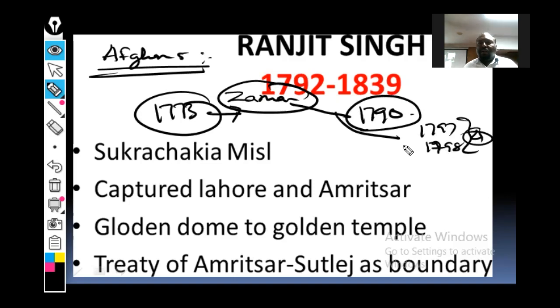So you can see that all the successors of Durrani, whether it is Taimur Shah Durrani, Zaman Shah Durrani, who is succeeded by Shah Shuja Durrani, all these successors are not very strong.